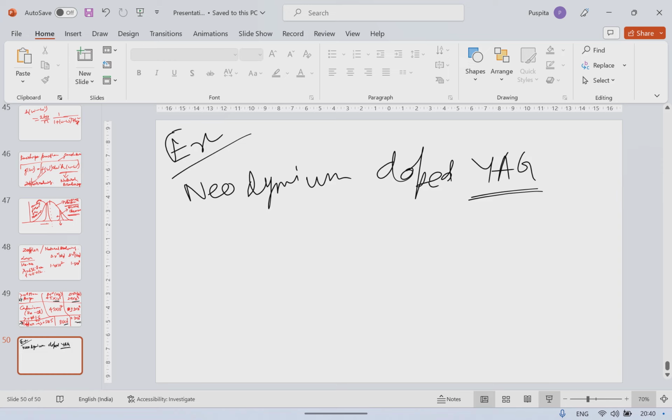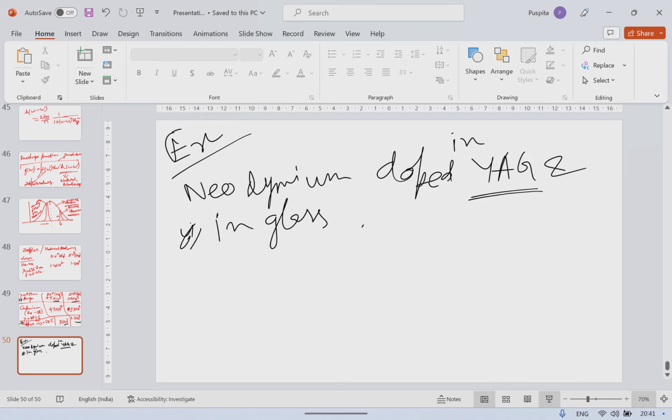So it is said YAG, and another laser is glass laser, doped in YAG and in glass.